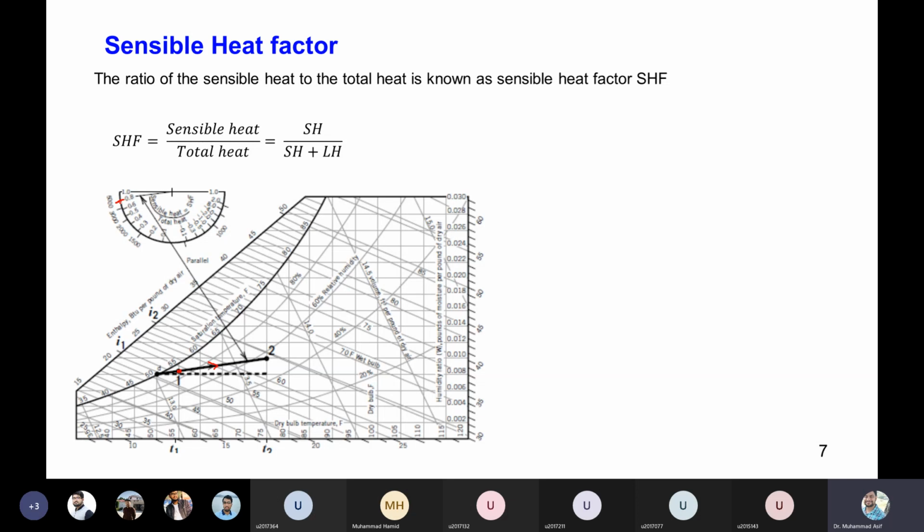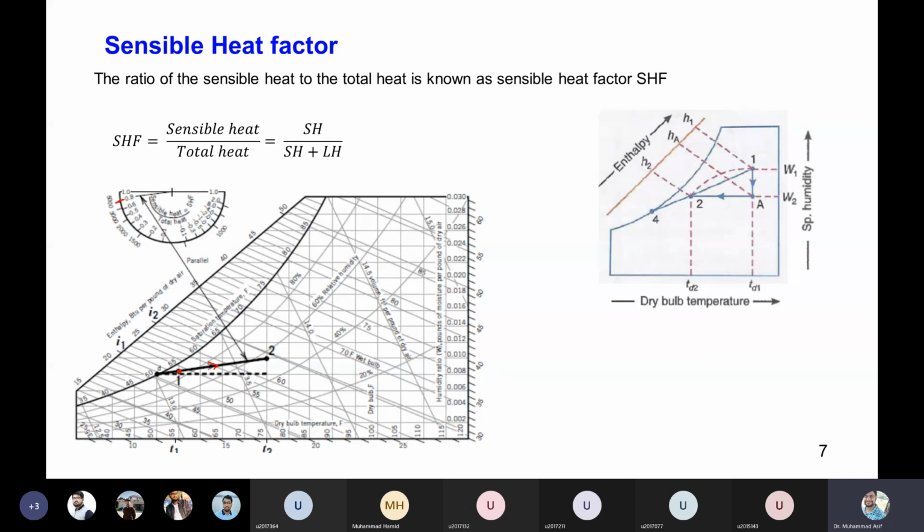Right, and the same can be shown during the cooling process as well. Let's say there is a cooling process with the help of a cooling coil, and point 4 is the ADP, the apparatus dew point. When the moist air comes in contact with the cooling coil, its temperature drops as well as it is dehumidified. You can see the total heat removed from 1 to 2 is equal to H1 minus H2.